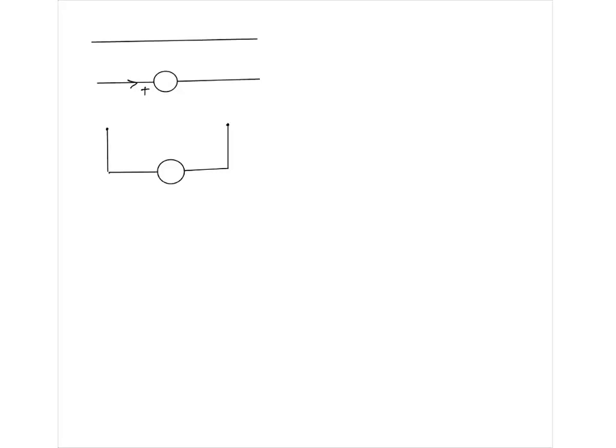So that's a big difference how you connect an ammeter and how you connect a voltmeter. Voltmeter always is connected across the 2 points across which you want to measure the potential difference. Ammeter means the whole current you want to measure should pass through it. Okay?